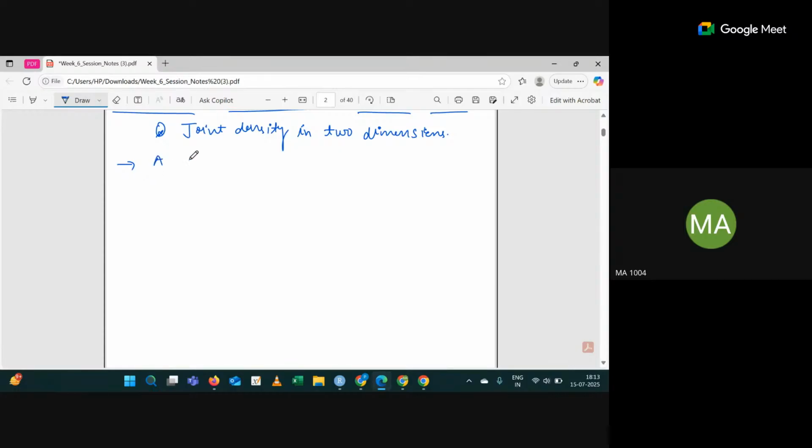So a function f of x comma y, this will denote the joint density, is said to be a joint density function when your f of x is a valid PDF in case of single random variable.